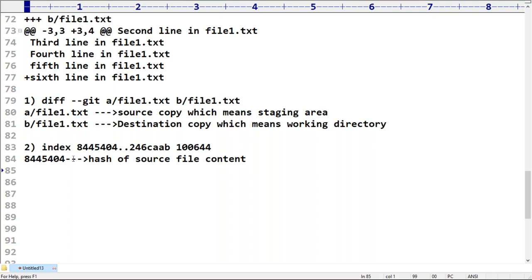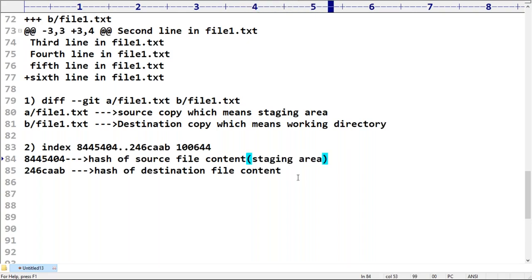Next, what is this one, sir? This one is the hash of the destination file content. Source means staging area, as I just covered, and destination means working directory.